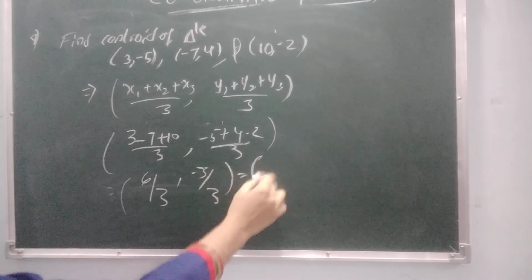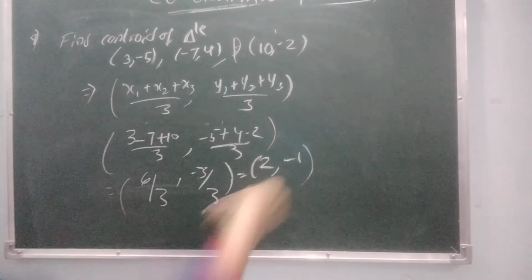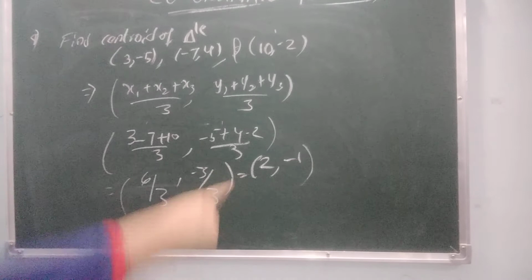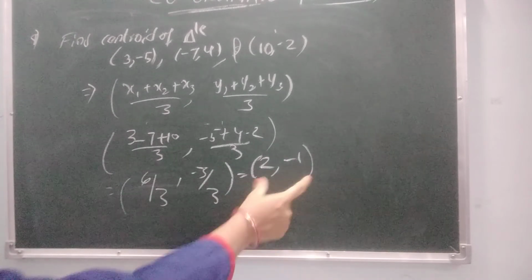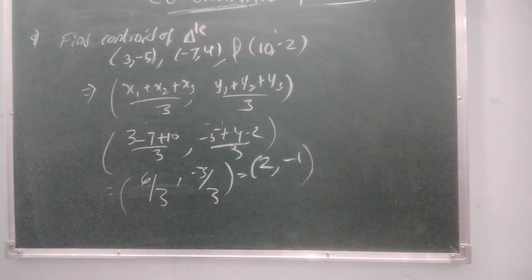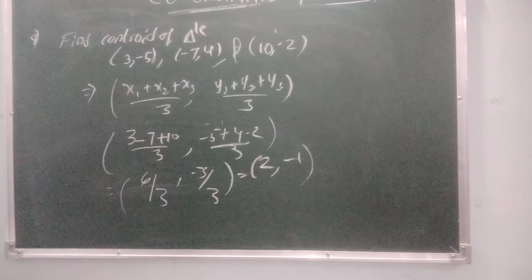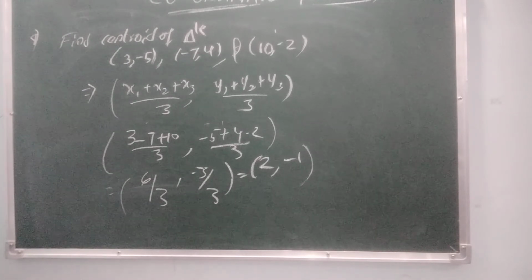That means 2 comma minus 1. Centroid is 2 comma minus 1. Is it clear? Centroid is 2 comma minus 1. Okay, is it clear?